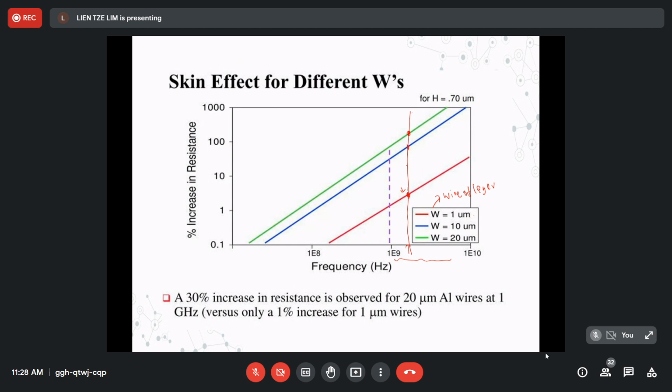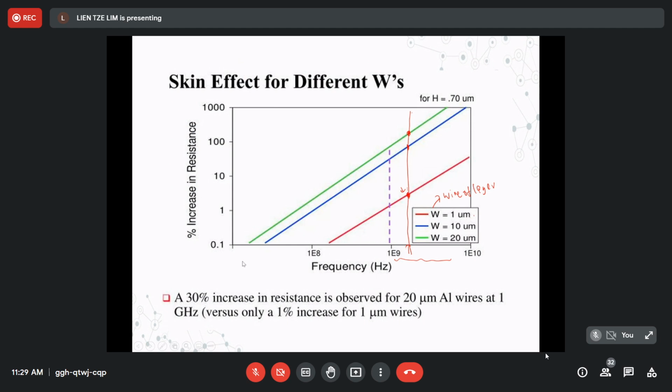So for larger width of the wire, the resistance of that wire increases at a constant high frequency. So here we know that the width of the wire must be made smaller.